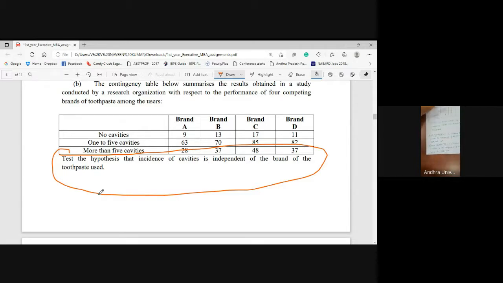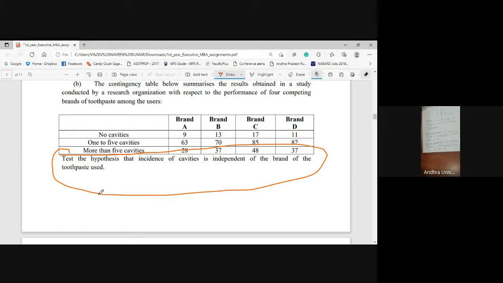You may have a doubt: sir, if it is not independent, then it becomes dependent, right? Remember, we do not bother what it may be other than independent. Whatever he is asking in the question, we strictly follow that itself. We do not bother for something else.